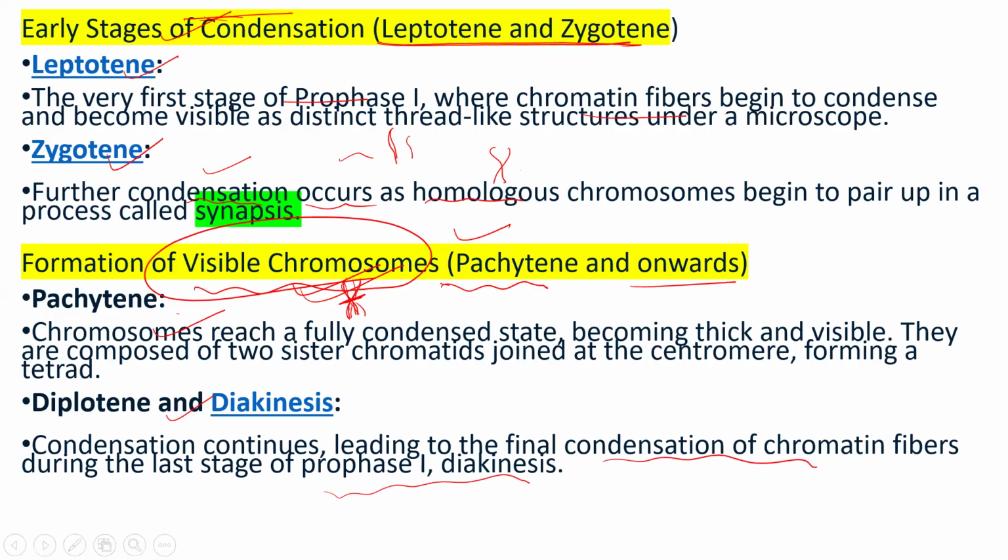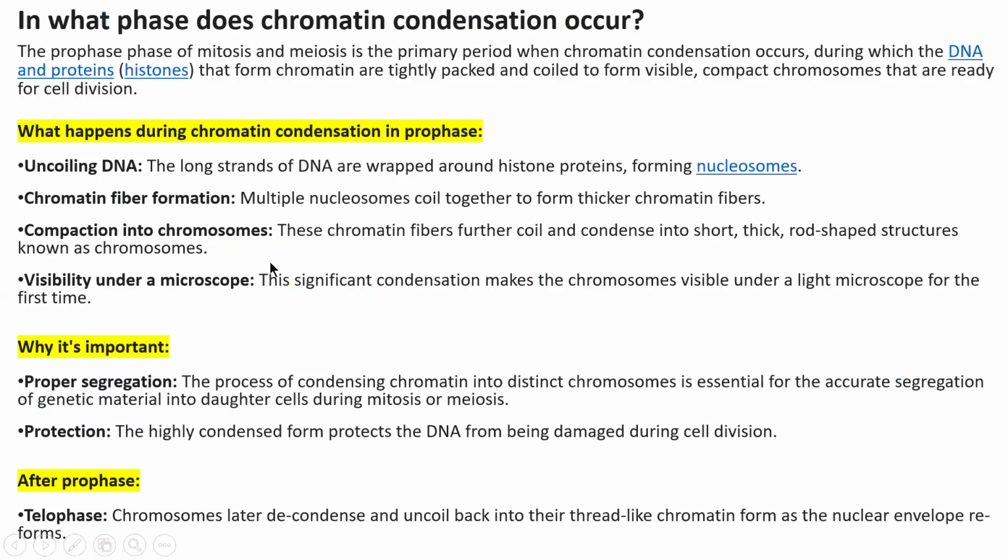Now we will learn in what phase the question will come: in what phase does chromatin condensation occur? Chromatin condensation occurs in the prophase of both mitosis and meiosis.